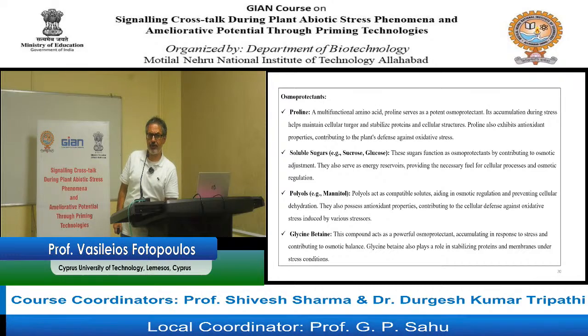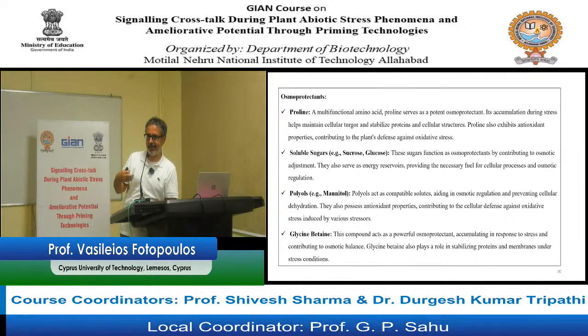And one should not forget glycine betaine, GB, which also acts as a powerful osmoprotectant, regulating responses to stress and contributing to osmotic balance. It plays a key role in stabilization of proteins and membranes, and this is mainly implicated in low temperature stress.